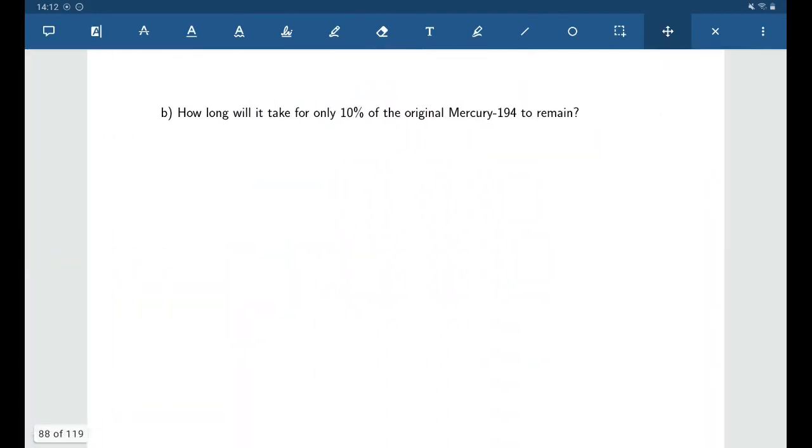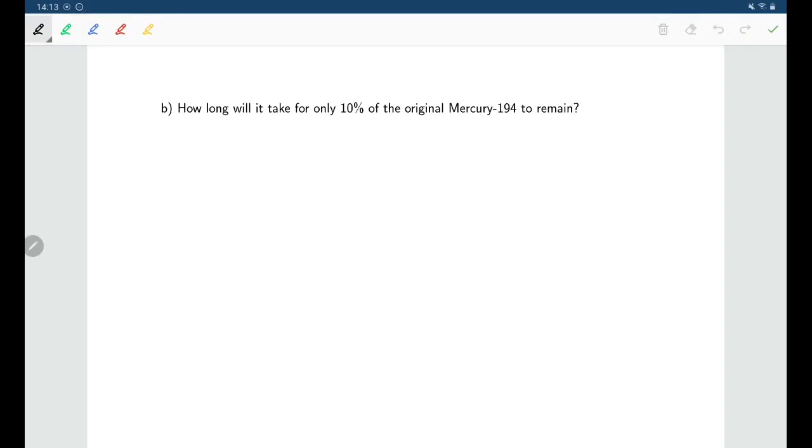All right, so one last question to answer here, which would be for this mercury, how long will it take for only 10% of the original amount to remain? We started with 300 grams, and so 10% of the original amount would be 30 grams. So what we want to know is, when do we have 30 grams remaining?